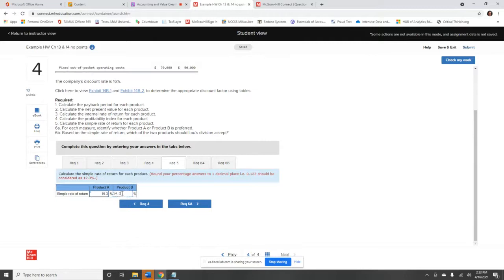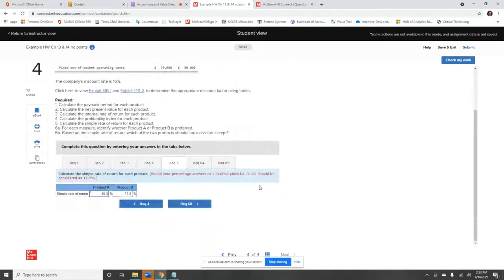So once again, interestingly, based on simple rate of return with no present values taken, product A has 15.3 and product B 14.2. Of course, that's after depreciation. None of these others consider depreciation. So why do we do that?